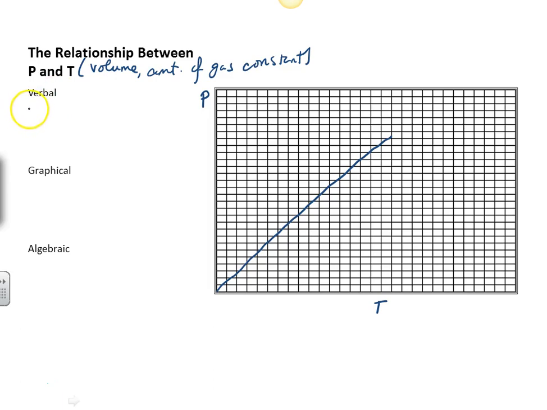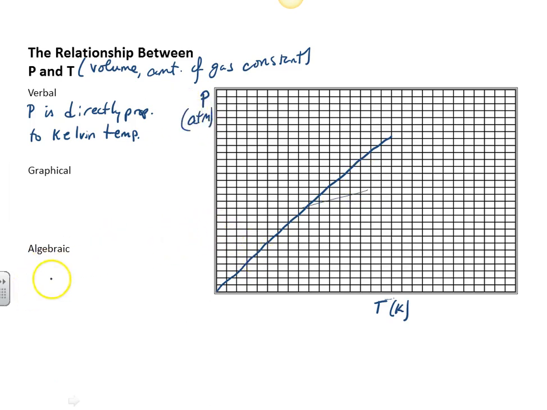So we can say here that pressure is directly proportional to Kelvin temperature. It doesn't matter what pressure unit you use, but Kelvin is the unit here. For instance, we could use atmospheres or kilopascals or whatever. This is the graphical relationship, and the algebraic relationship is that pressure is equal to a slope of a line times Kelvin temperature.